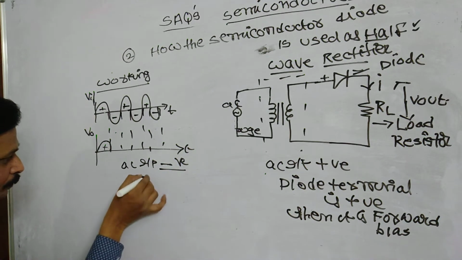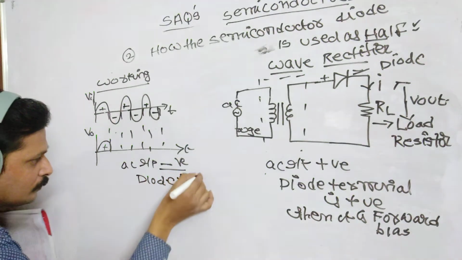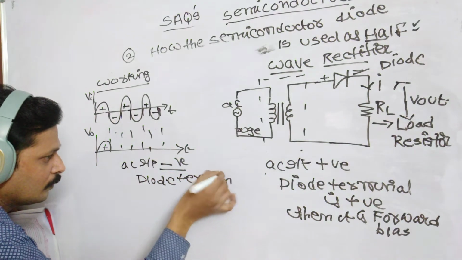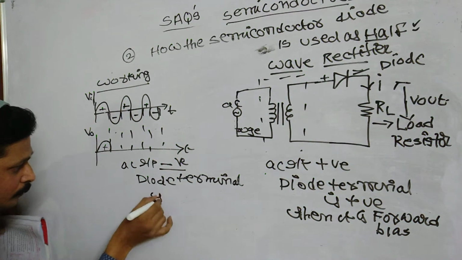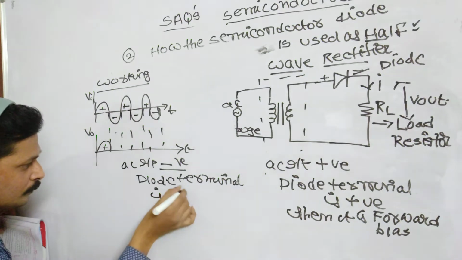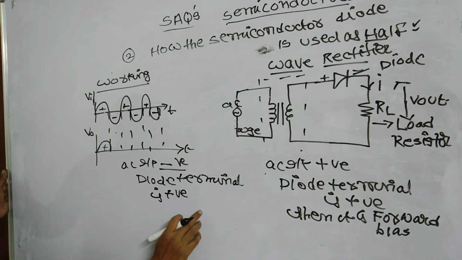AC input is negative. Diode terminal is positive.